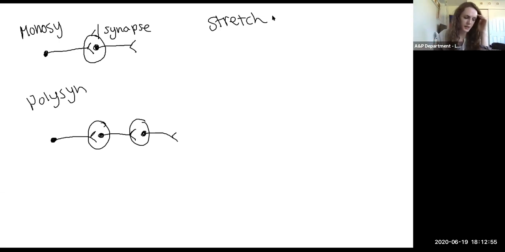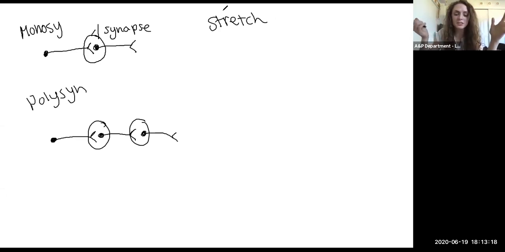Your muscle spindles are going to send information via your sensory neuron to your spinal cord. That sensory neuron is going to synapse directly on a motor neuron, which is going to bring information back via that motor neuron.